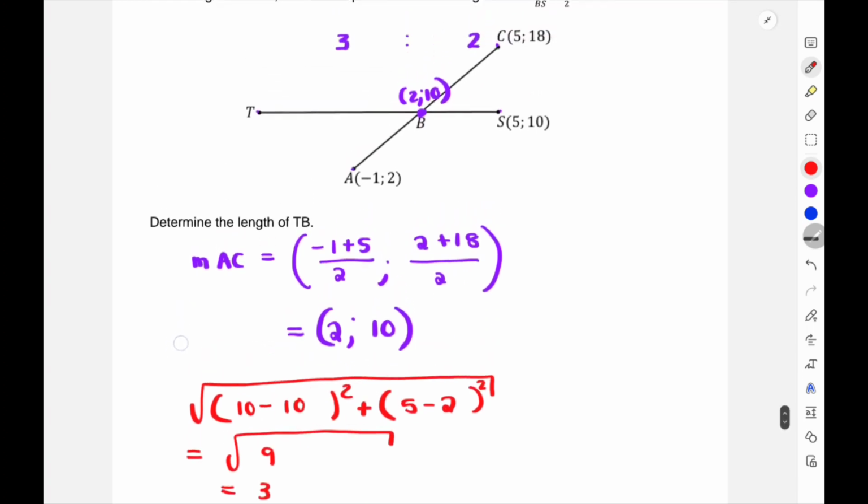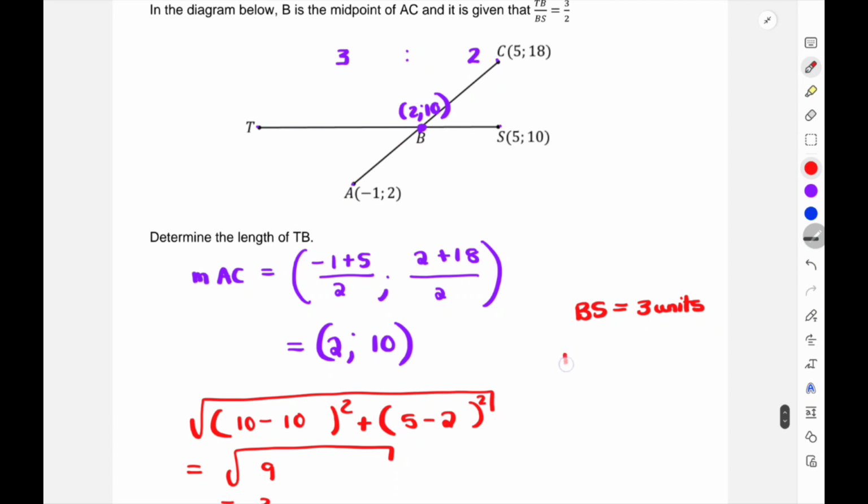Okay, so if BS is equal to 3 units, let's do it like this. TB in the ratio to BS is 3 to 2. So if BS is 3 units, what would TB be? So 3 divided by 2 times 3, if you know your pirate method, and it gives you 4.5 units.